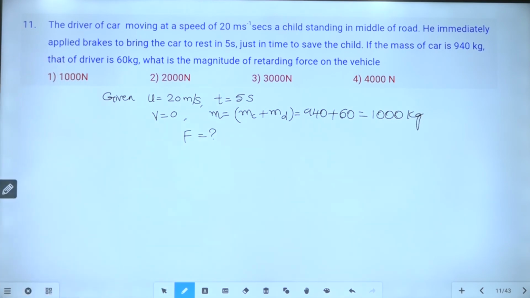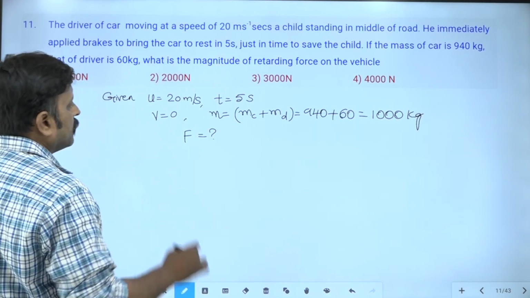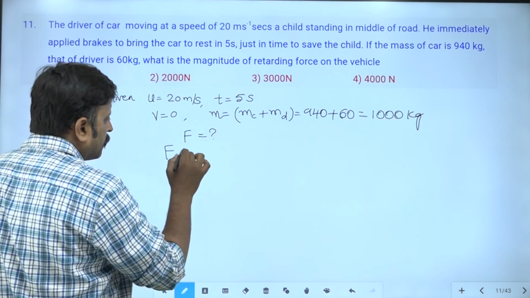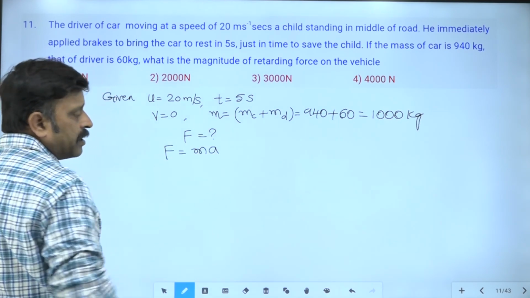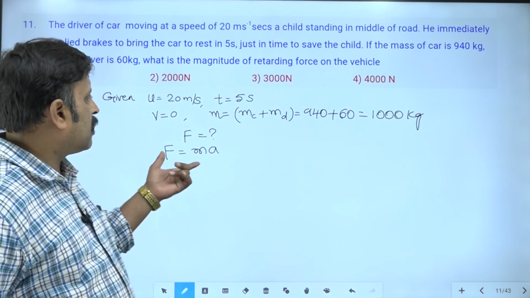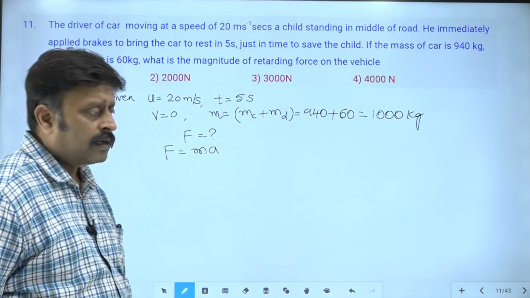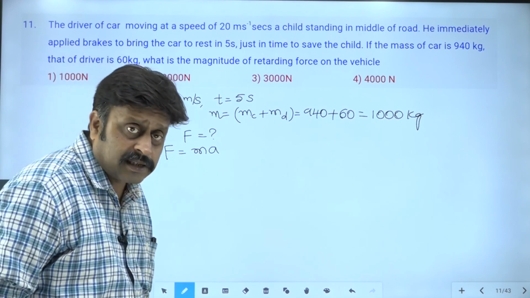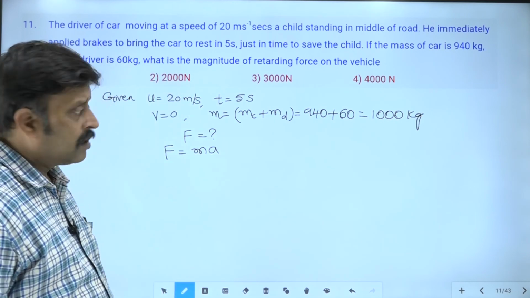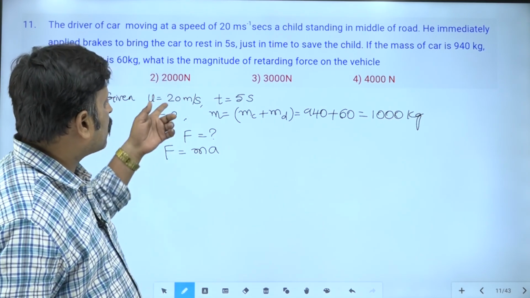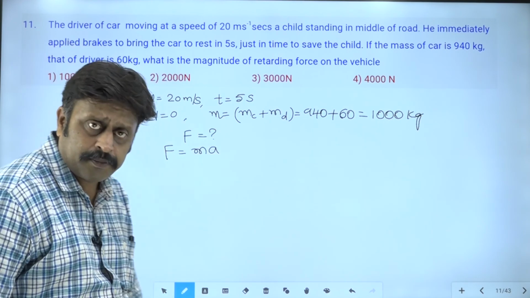The magnitude of the retarding force you are asked to calculate. See, it's very simple. We have to apply F is equal to ma. Mass is, we know, 1000. What do we want? We want acceleration to find the force. In order to get acceleration, we have initial velocity, final velocity and time.